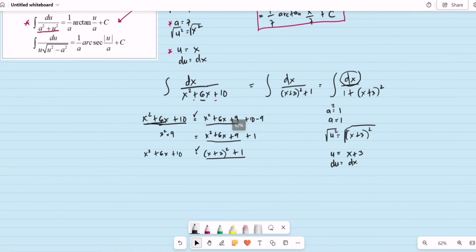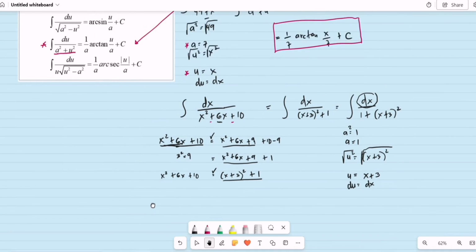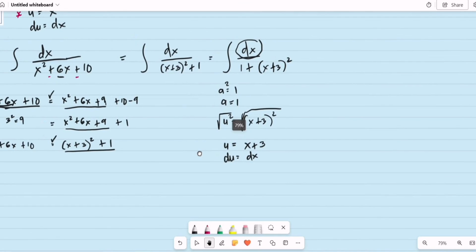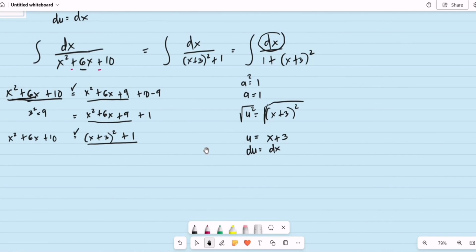So now it satisfies the format of our second equation. Therefore, the integrand is the same as the integral of du divided by a squared plus u squared, which is equal to 1 over a multiplied by the arctan of u over a plus the constant c.